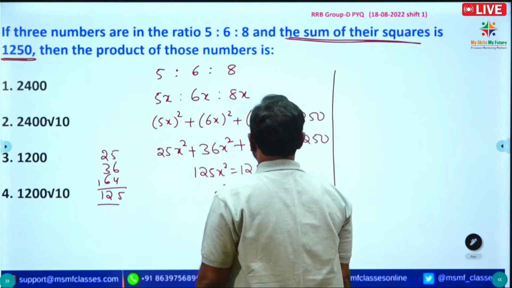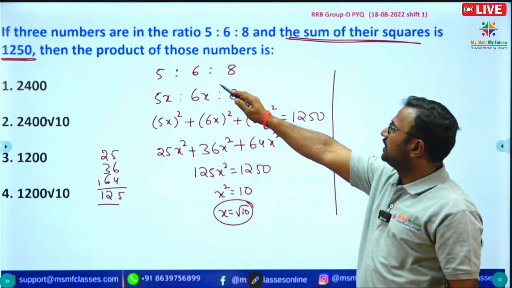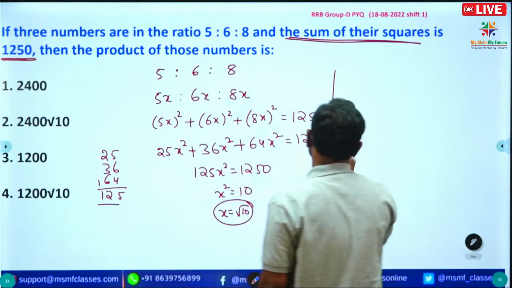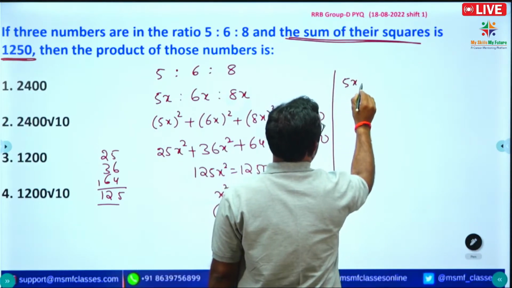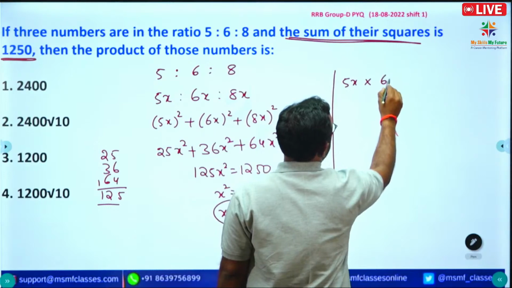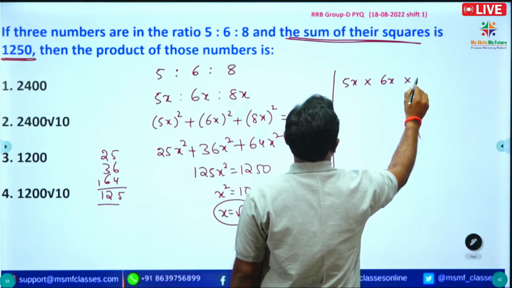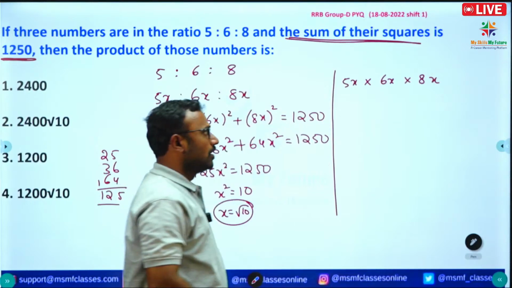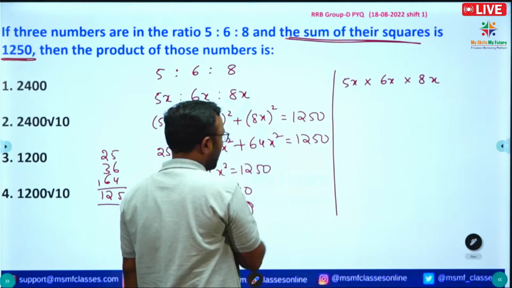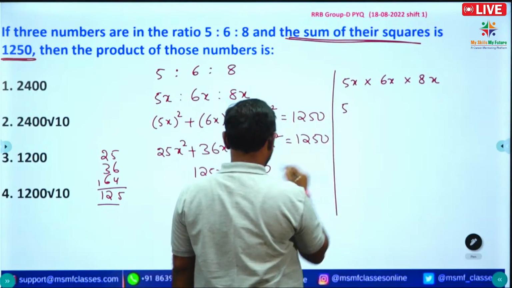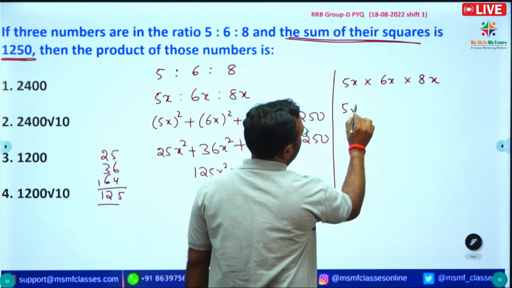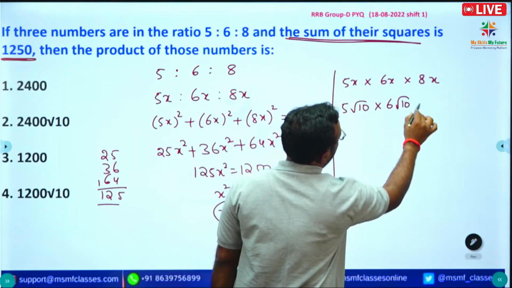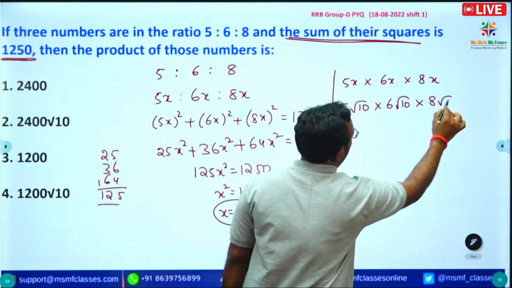So what is our question? The product of those numbers means 5x into 6x into 8x. We need to find the product of those numbers. So we found the value of x. What is the value of x? Root 10. 5 into root 10 into 6 into root 10 into 8 into root 10.